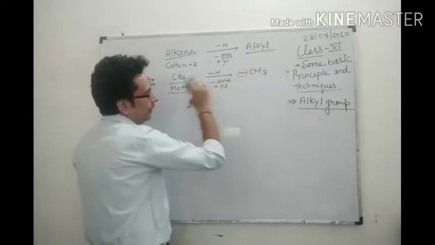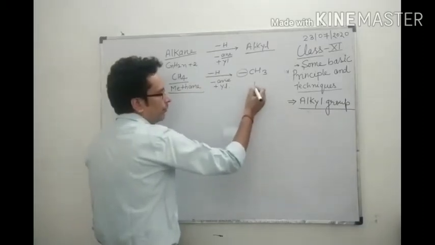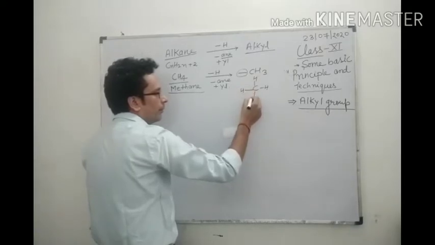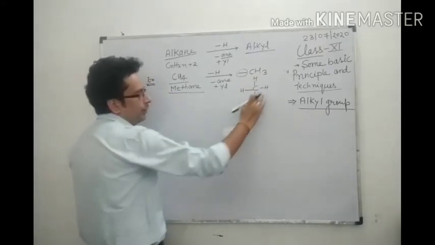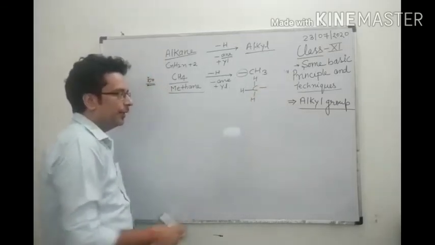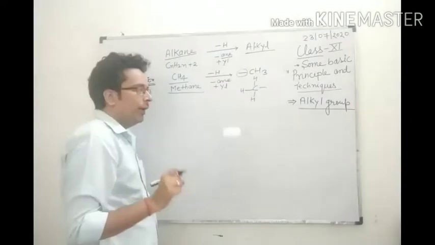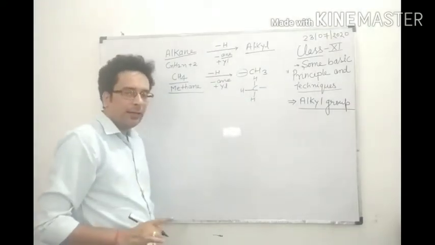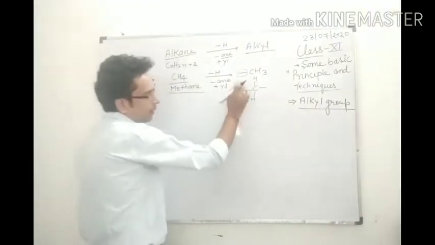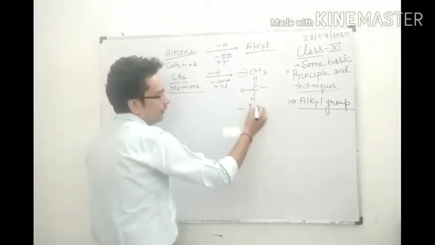When we draw this methane in this form and remove one hydrogen, this represents one valency, or vacancy, of carbon. So what is the name of this group? Methane becomes methyl.